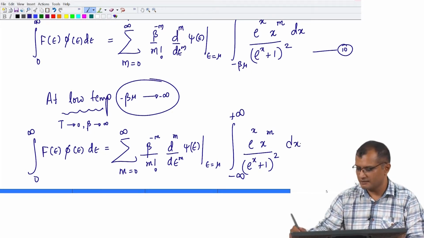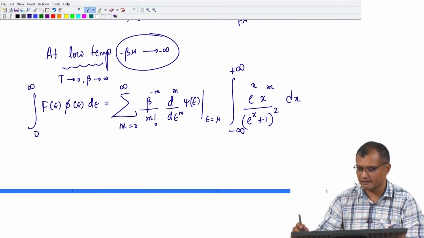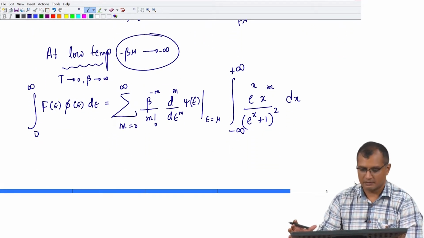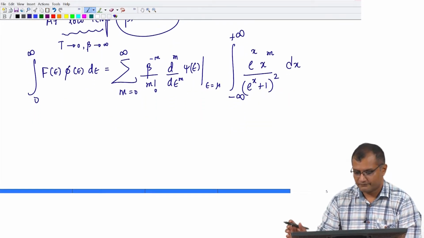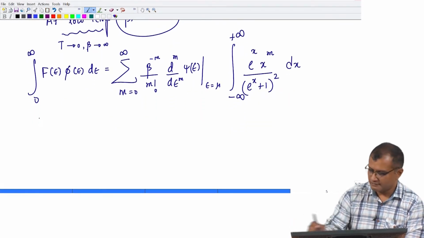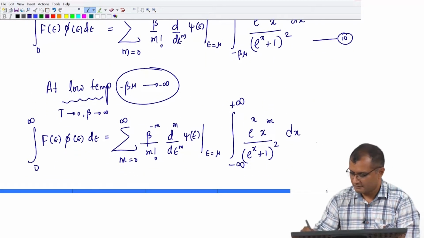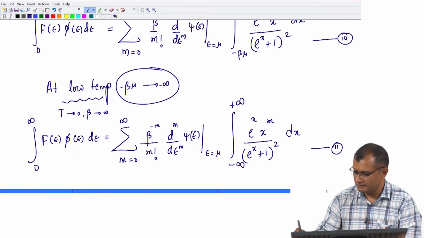Now, it seems that we have to just solve this small integral to compute our answer. Yes, but it is not a straightforward integral. Okay. So, let me call this as equation 11.